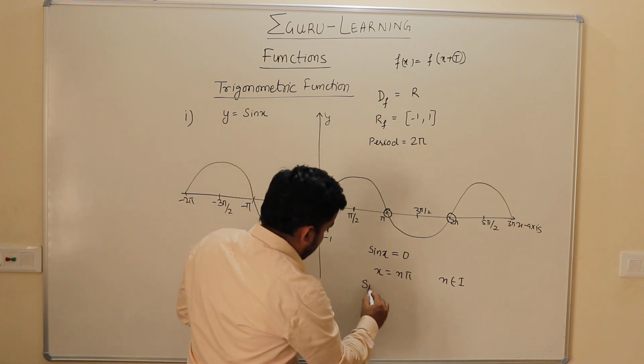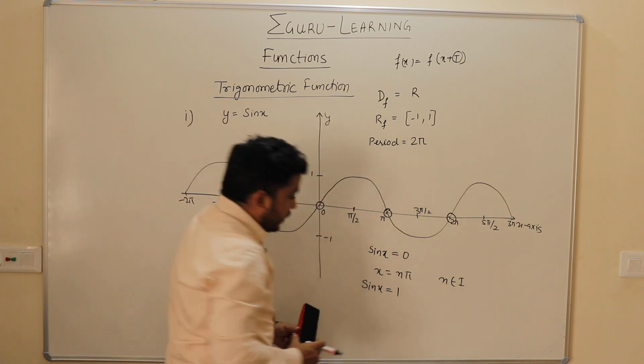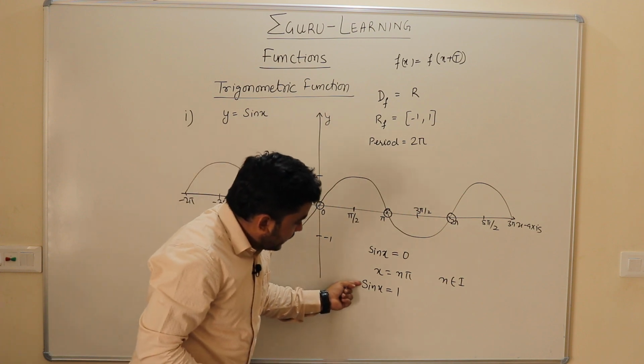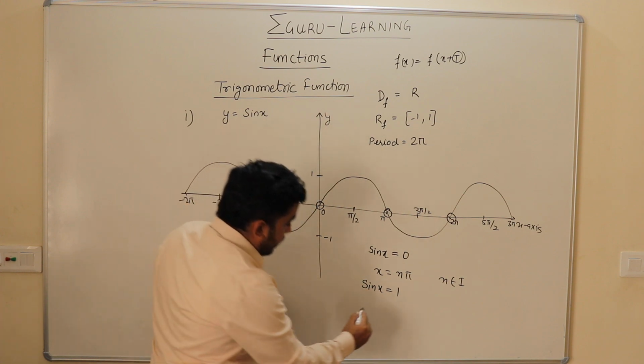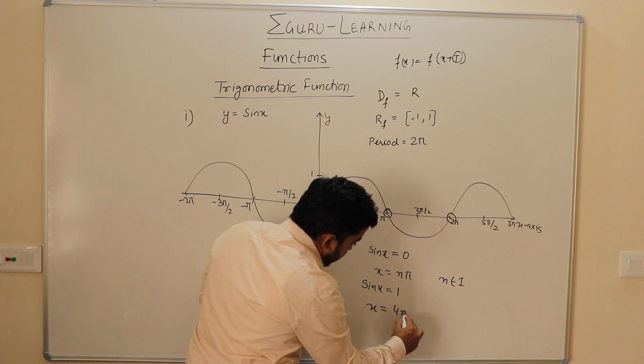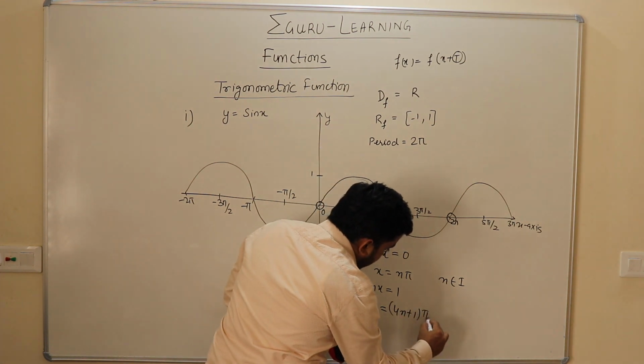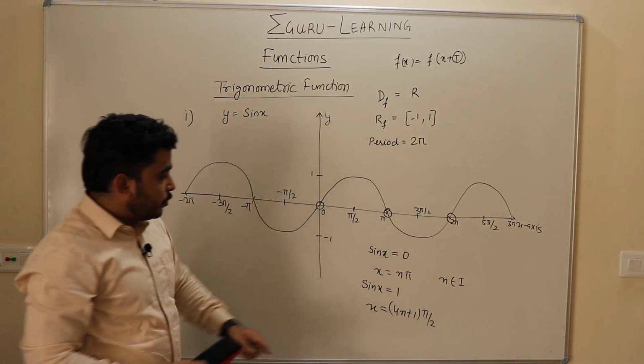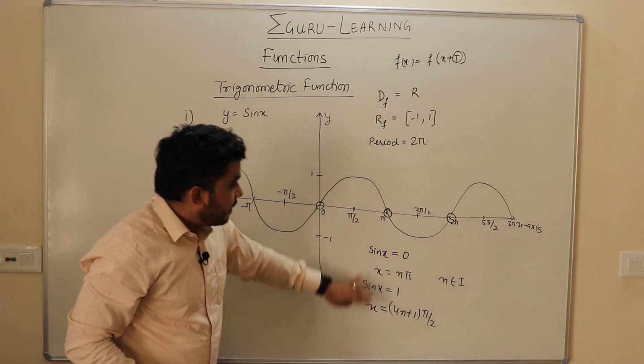I will also tell you how to check for these values. If sin x is equal to 1, I can first write x is equal to (4n plus 1) times pi by 2. See, if you want to calculate this, how will we get these values?